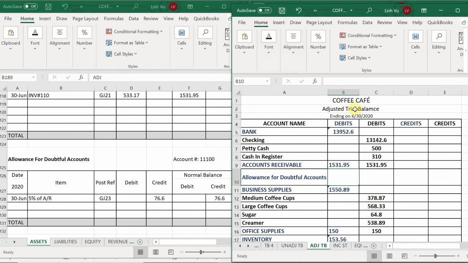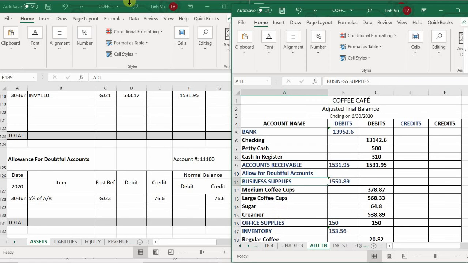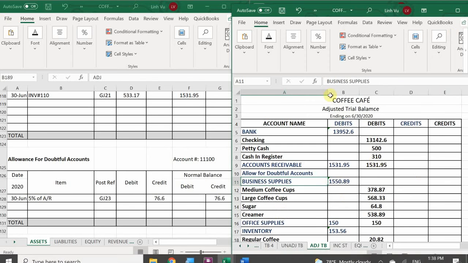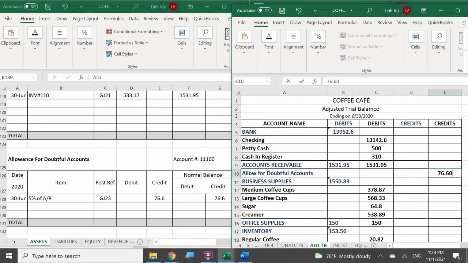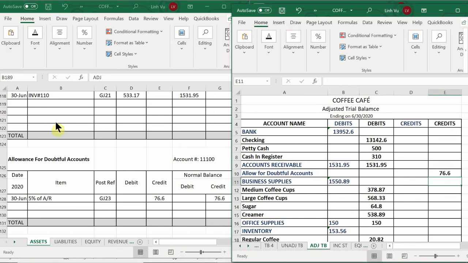Now, what this account does here is, yeah, I'm going to shorten allowance, so there you go. It's a credit, but, okay, so what's the credit amount for? 76.60.